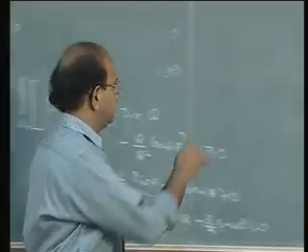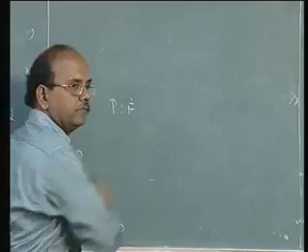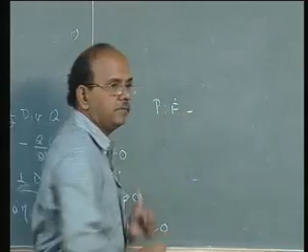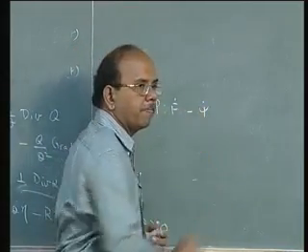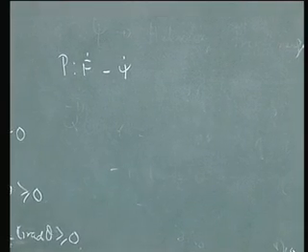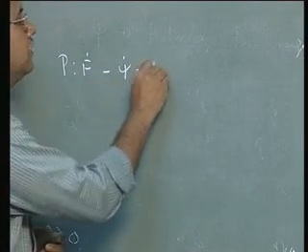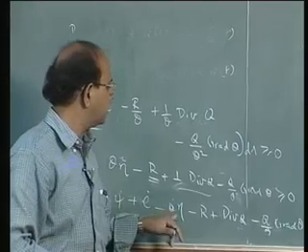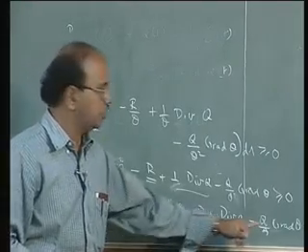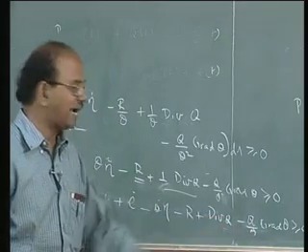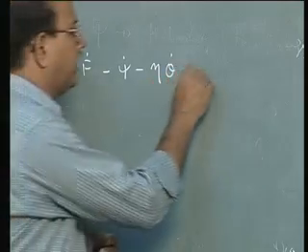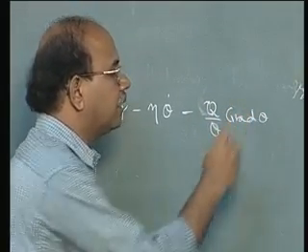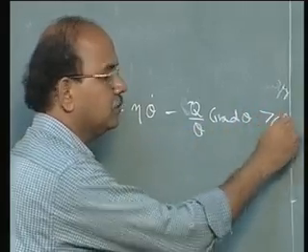So that will be P colon F dot, right, minus psi dot, then one more term is there, minus eta theta dot, right, that is this term, divergence q goes off, minus q by theta grad theta is greater than or equal to 0.